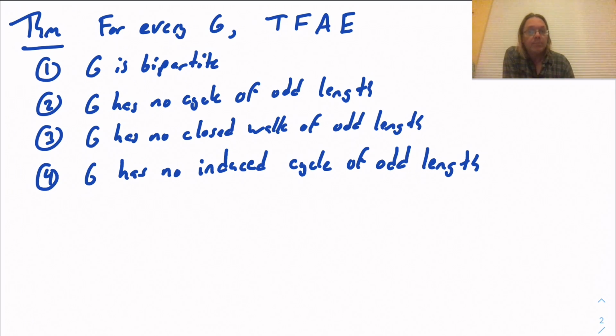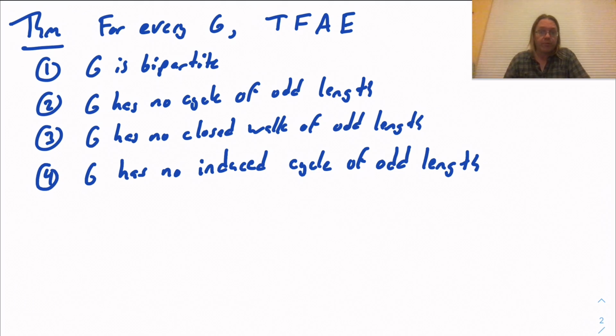So some cycles in your graph are going to be induced and some will not be. What does a cycle look like if it's induced? That means that the subgraph has that cycle and nothing more. If you have a cycle that's not an induced subgraph, then there are some extra edges of the original graph with both ends on that cycle. So you have a kind of shortcut or a jump across that cycle.